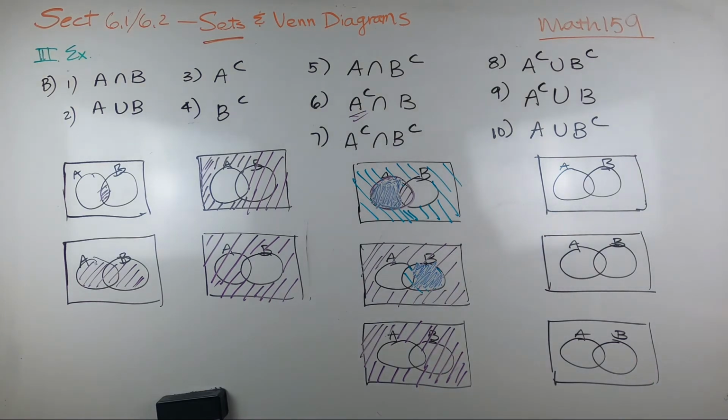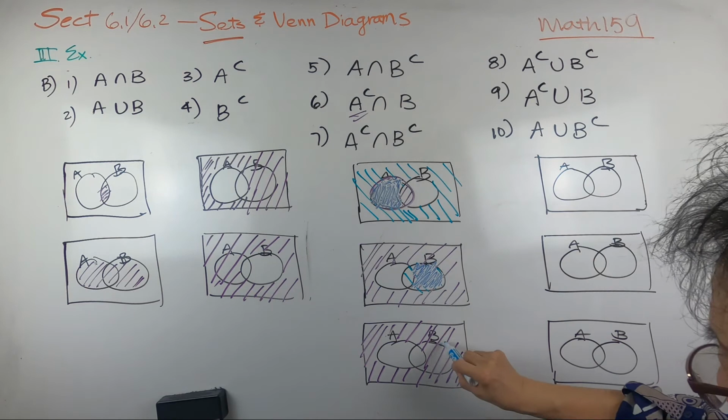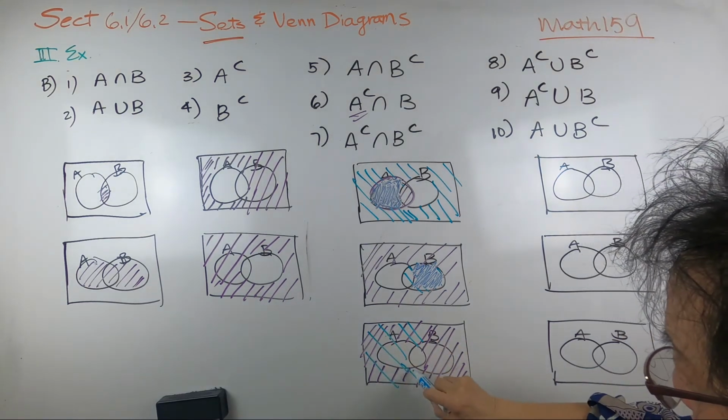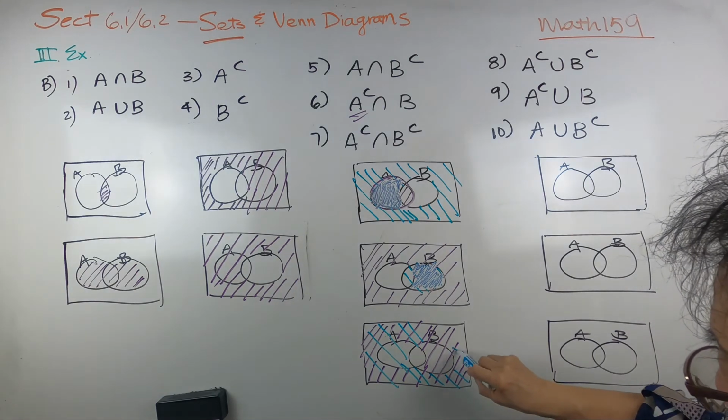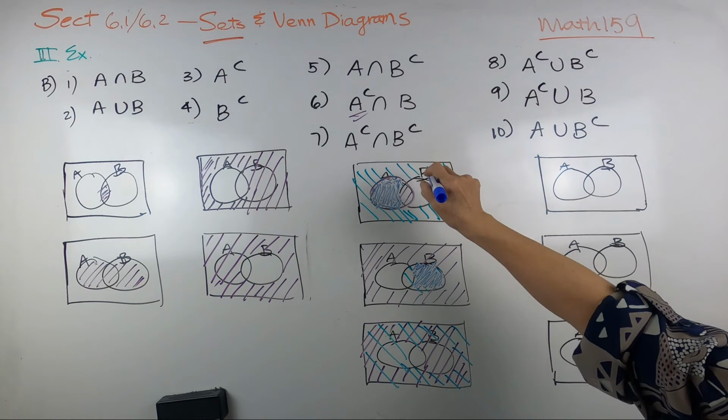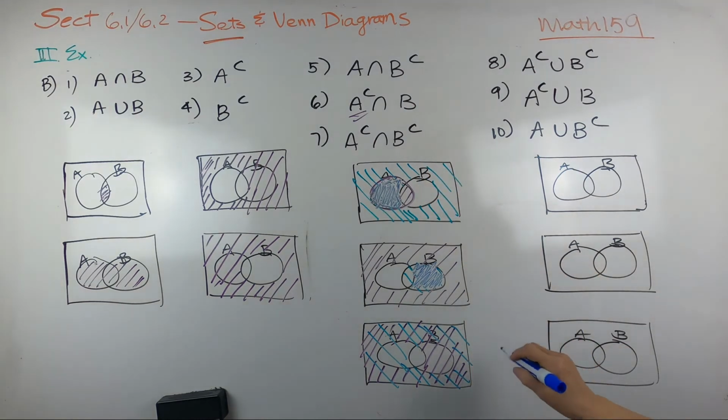Outside of B, not touching B. Then we want to find the intersection, meaning the overlapping part which belongs to both the purple and the light green.